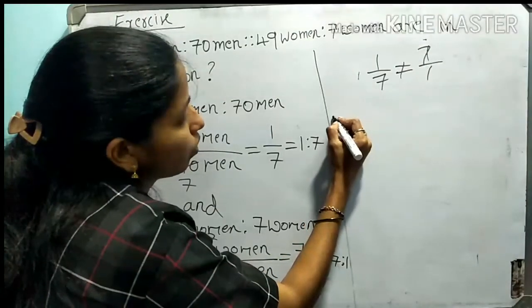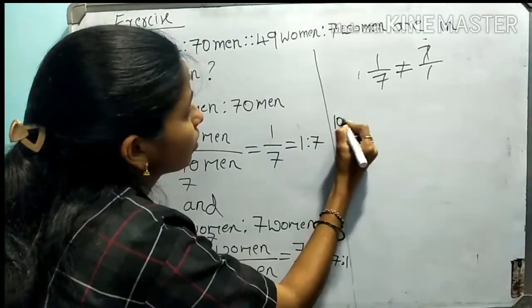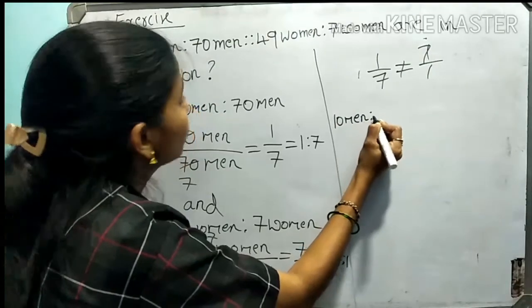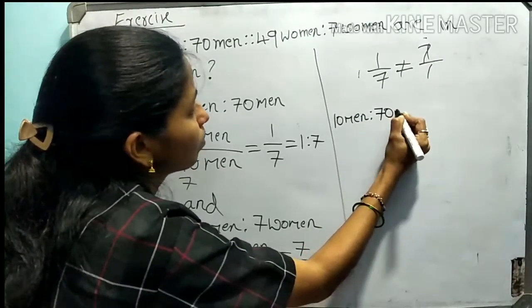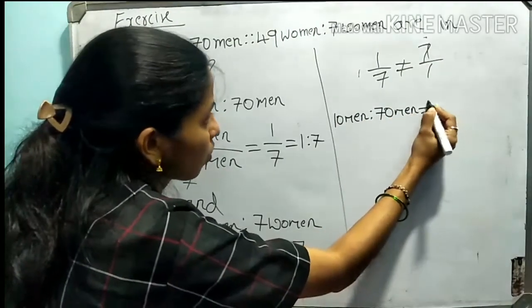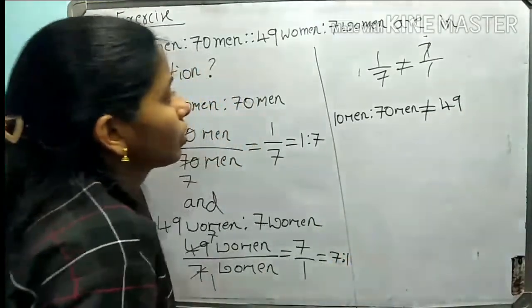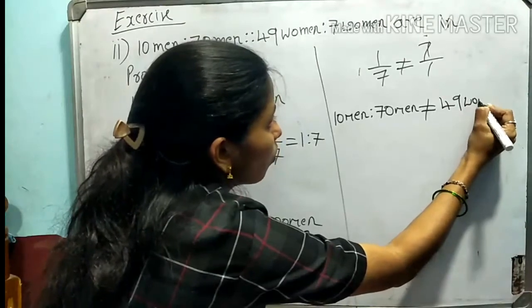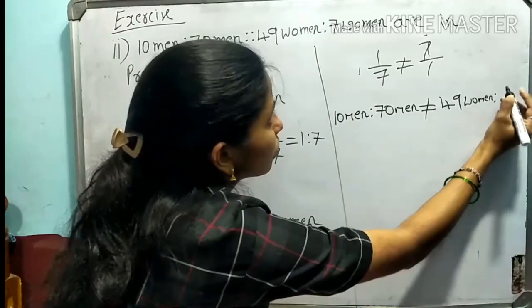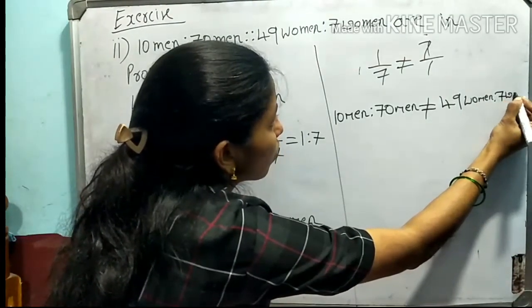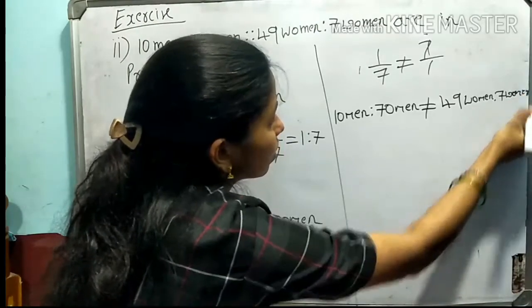So 10 men is to 70 men is not equal to 49 women is to 7 women.